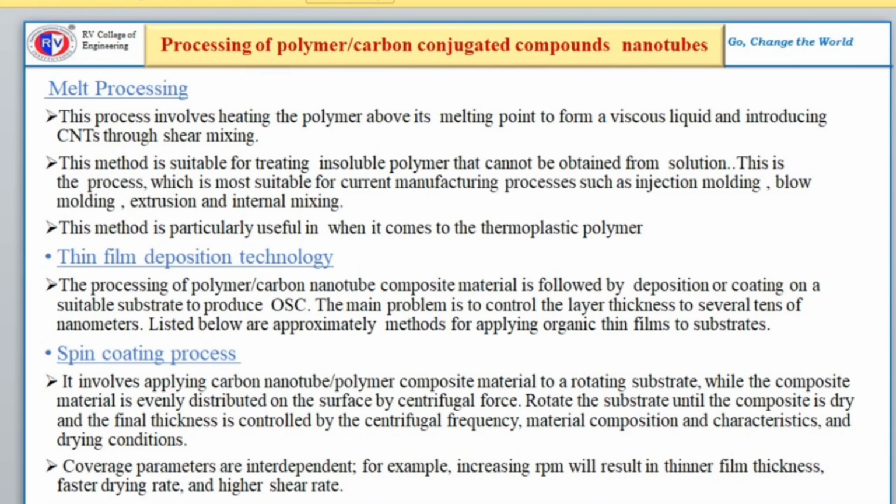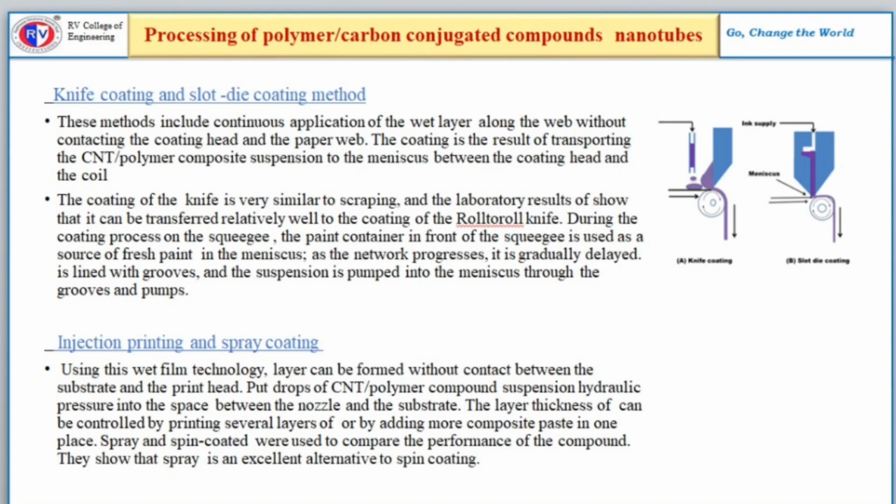And then going to the next slide, we'll have knife coating and slot die coating methods. These methods include continuous application of the wet layer along the web without contact between the coating head and the paper web. The coating is a result of transporting the CNT polymer composite suspension to the meniscus between the coating head and the coil.